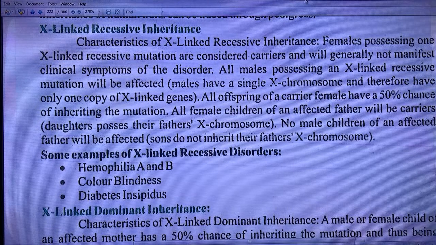All offspring of a carrier female have a 50% chance of inheriting the mutation. All female children of an affected father will be carriers, as daughters possess the father's X chromosome. No male children of an affected father will be affected, as sons do not inherit their father's X chromosome.